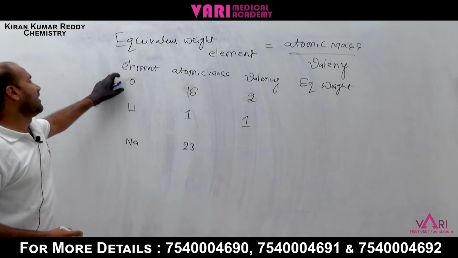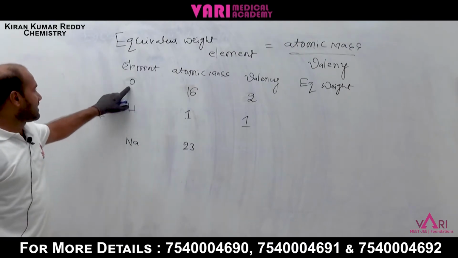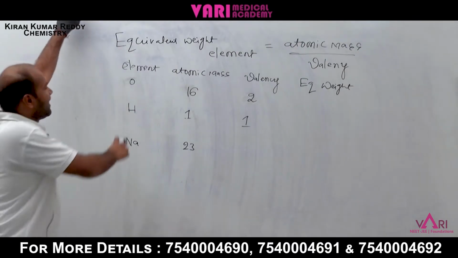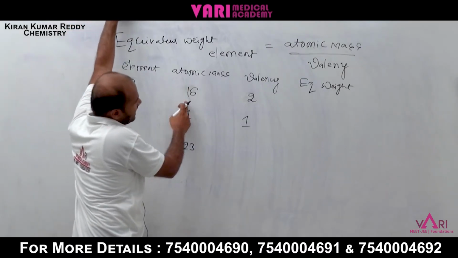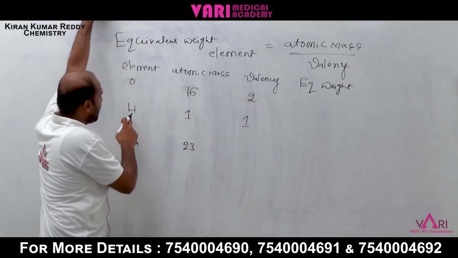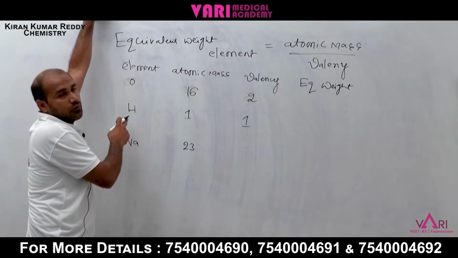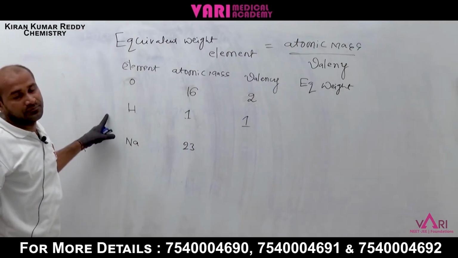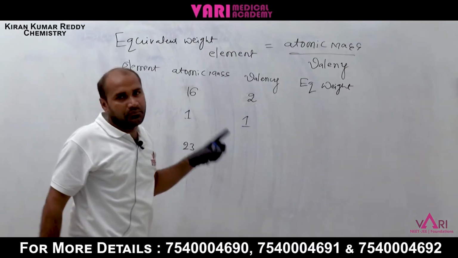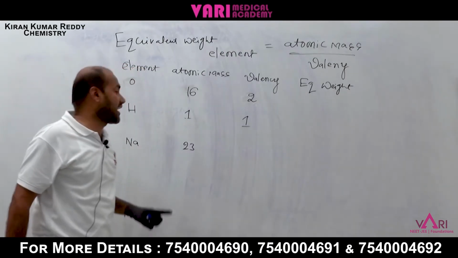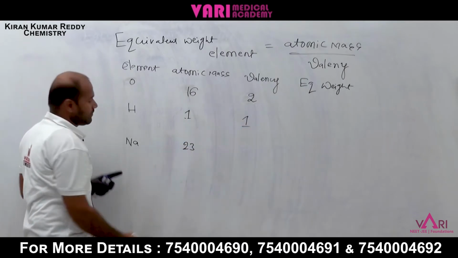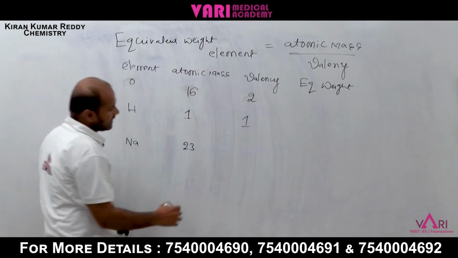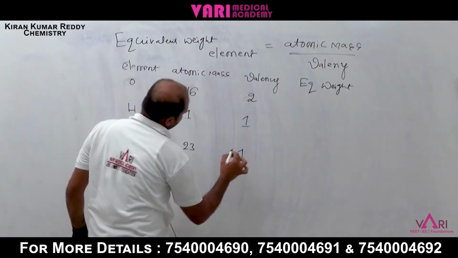Hydrogen is a first group element, along with lithium, sodium, potassium, rubidium, cesium, francium. Sodium is 23, and here also valency is 1.